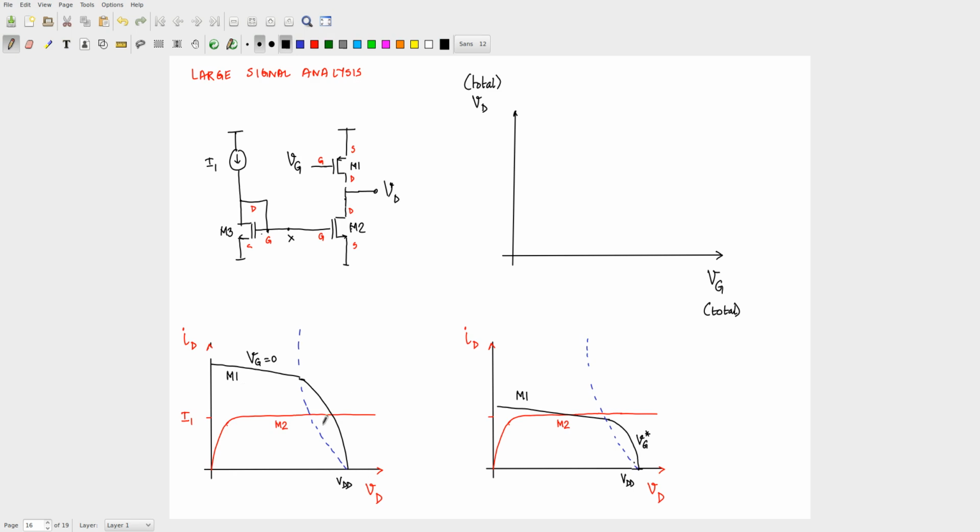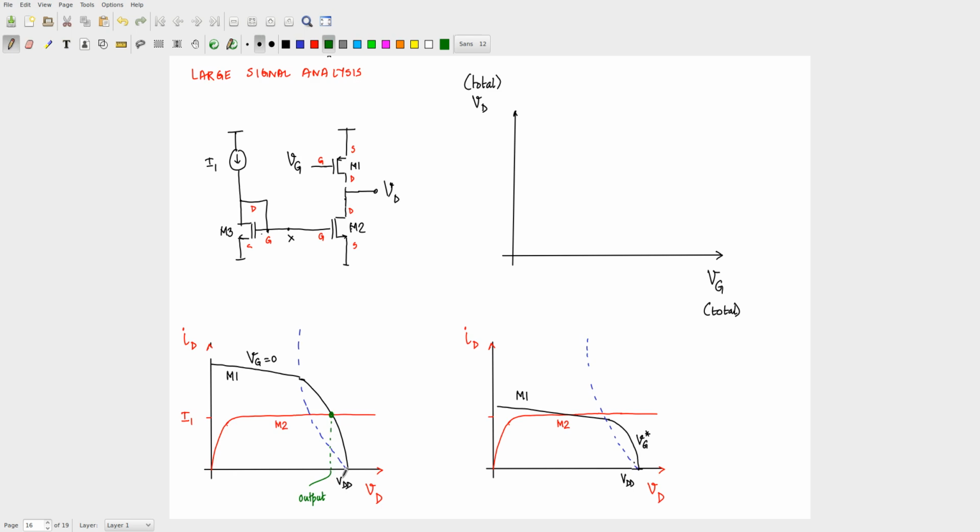So you find out where the same current is flowing through both. Only at that point of intersection. And what is the voltage that will appear? Vd, the voltage corresponding to that current. That will be your output, so I'll just say that is my output.